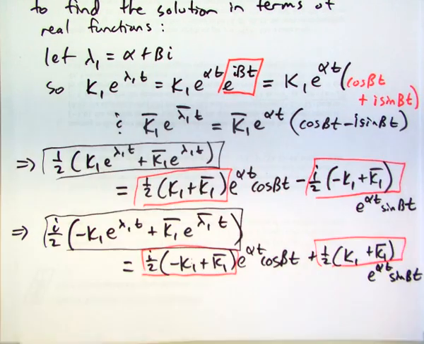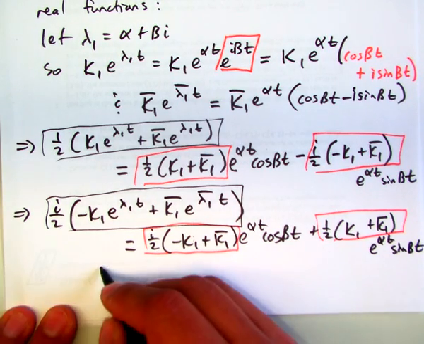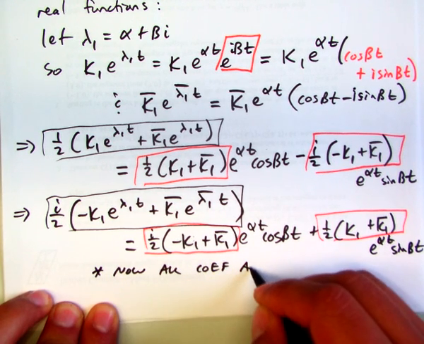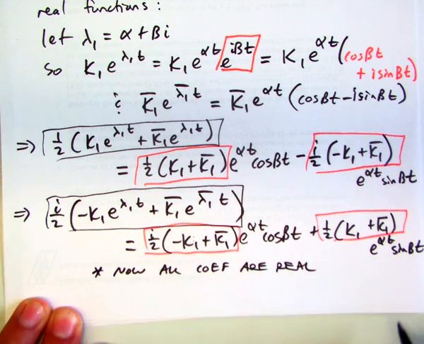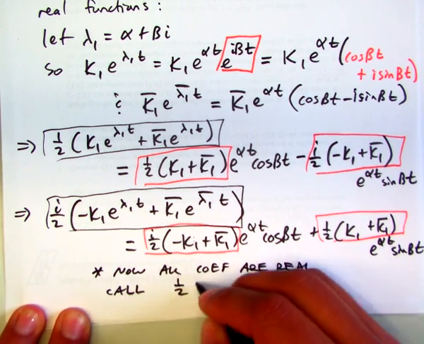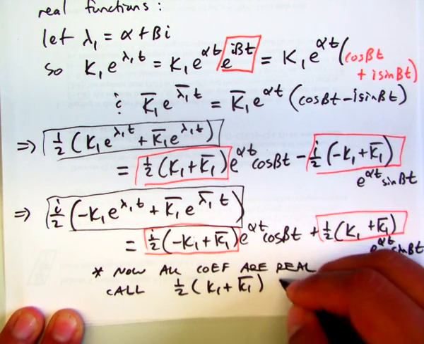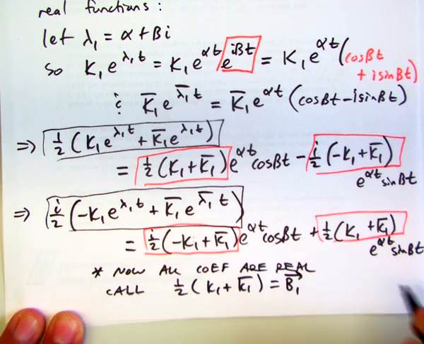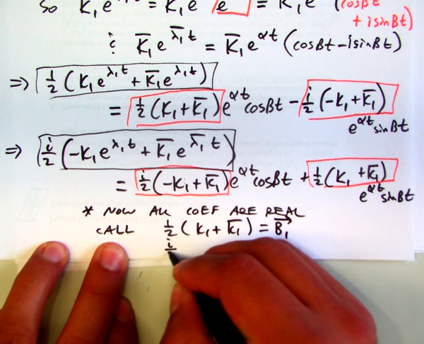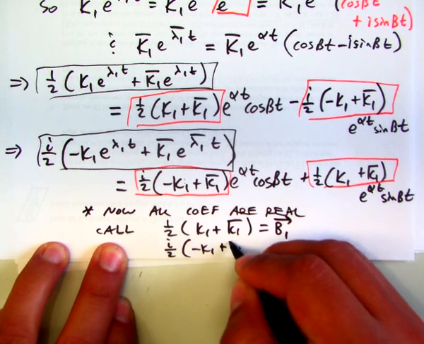Okay, so what we're going to do, let's write this down. So now all coefficients are real, and we're going to call 1/2 k1 plus the conjugate of k1 eigenvector b1, and we're going to call i over 2 times minus k1 plus the conjugate of k1 eigenvector b2.